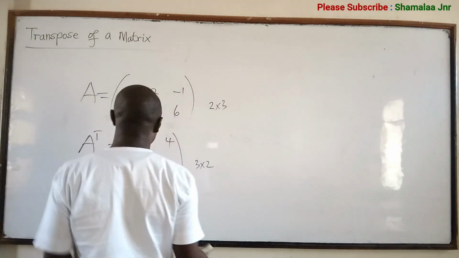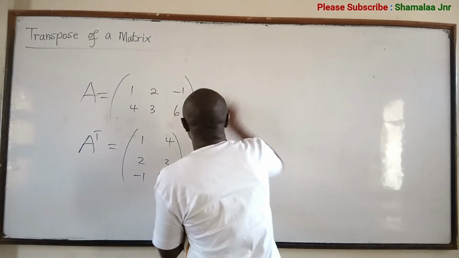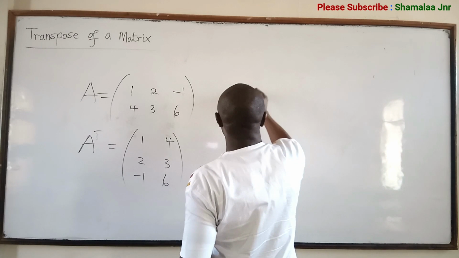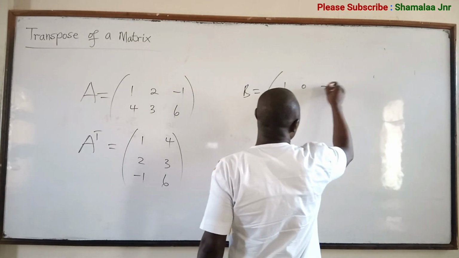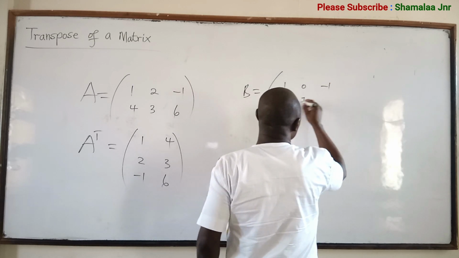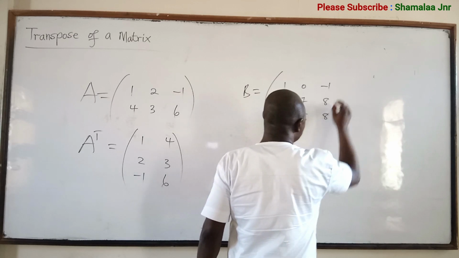Now, we can also give you another example like this. A matrix B to be maybe 1, 0, negative 1, 4, 7, 8, negative 2, 5, 8.